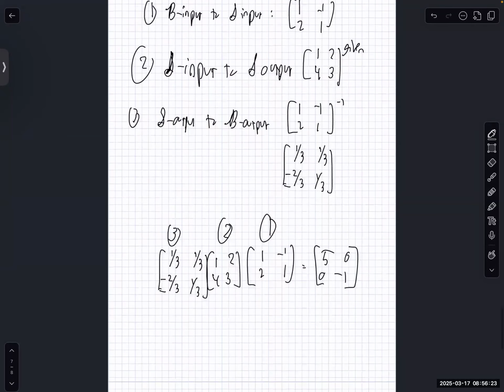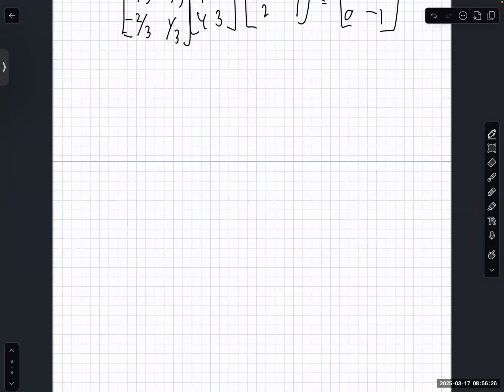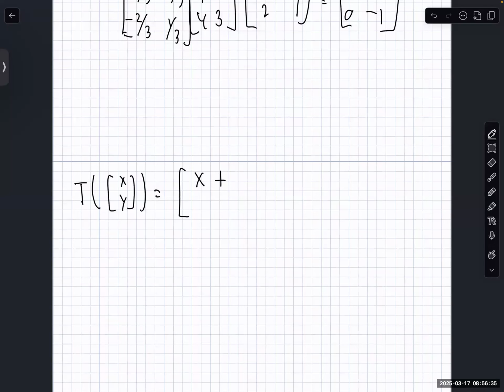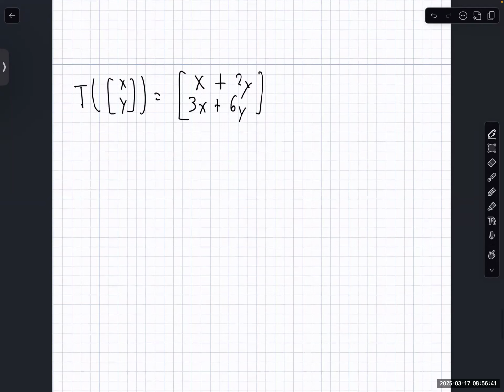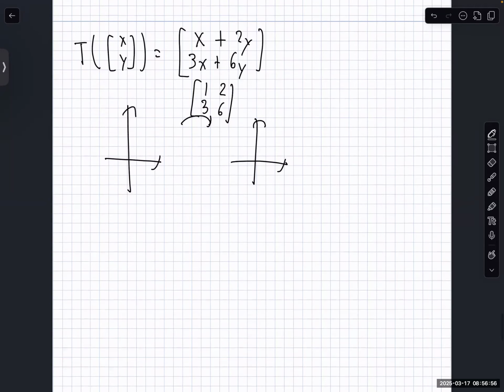Okay, one more example, then I want to step back this time. I'll do this. So I want to draw the picture. So remember the 4 fundamental subspaces that we had.